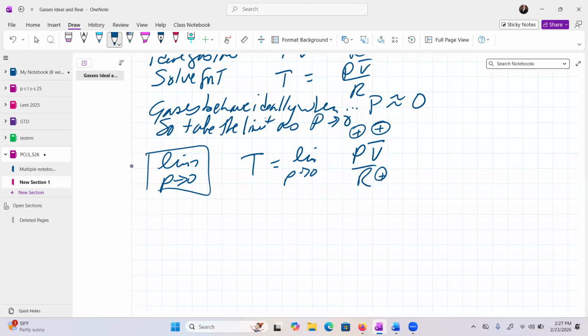This means we have all three positive numbers. So what does this say? This says that this whole side over here could not be negative. What that means is the lowest possible value for T is going to be 0 Kelvin.